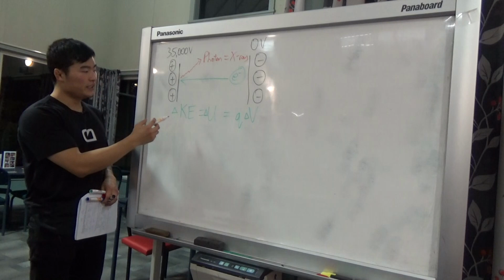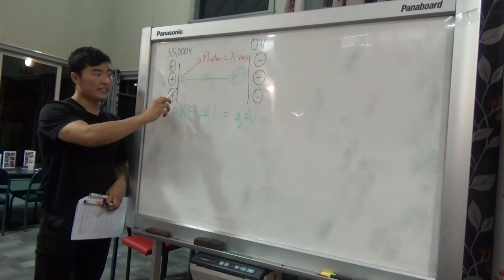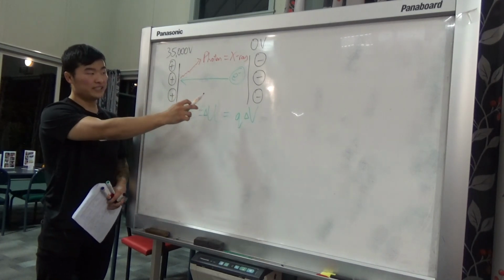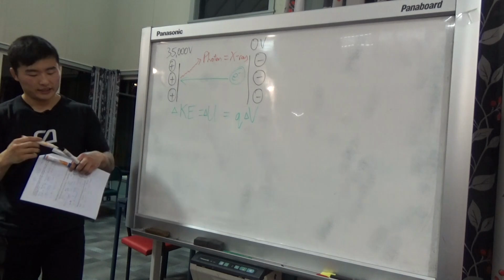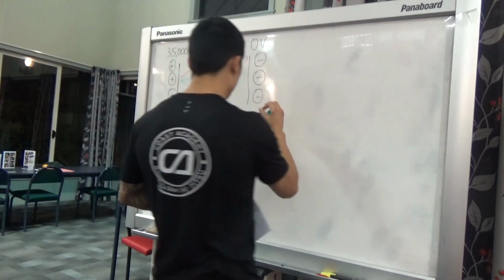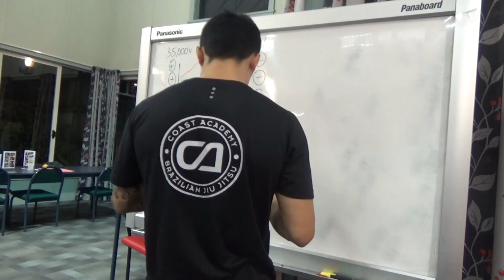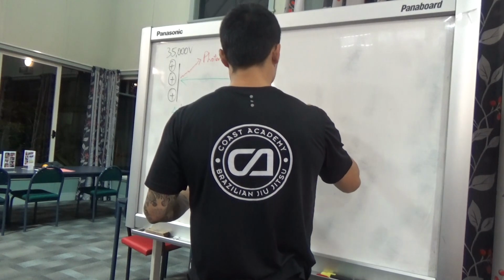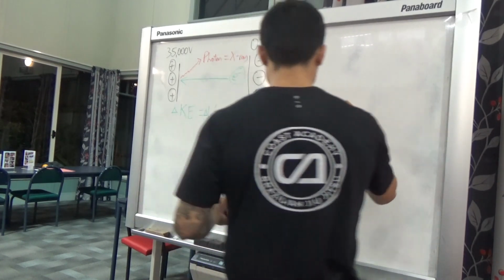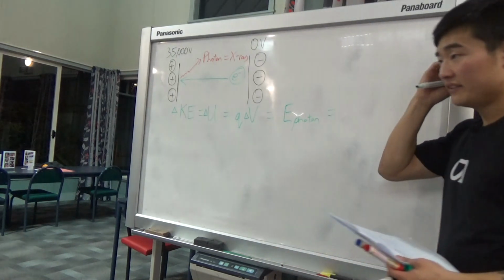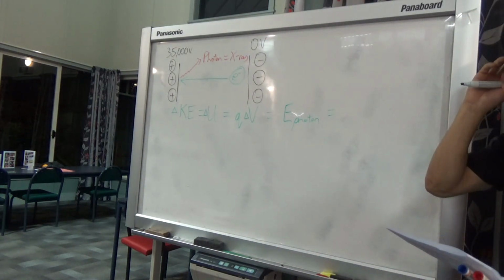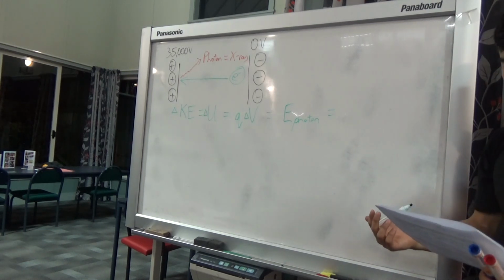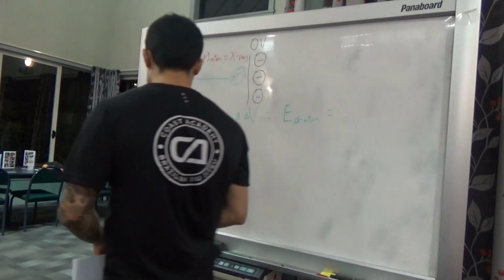So the kinetic energy that our electron gained is equal to the change in electrical potential energy, and that is also equal to the energy of the photon that's produced. And remember that if you have the energy of a photon, you can calculate the momentum, frequency, and wavelength as well.